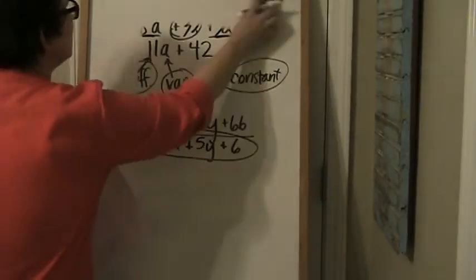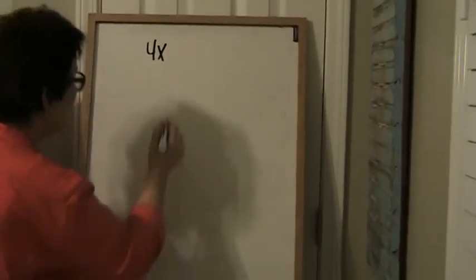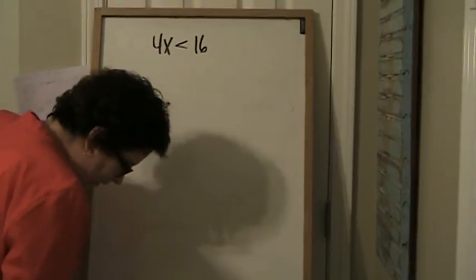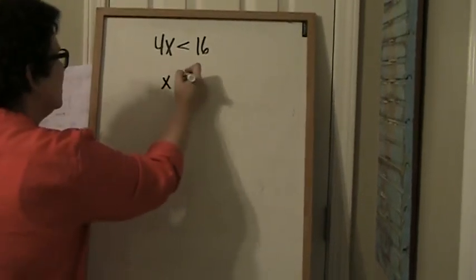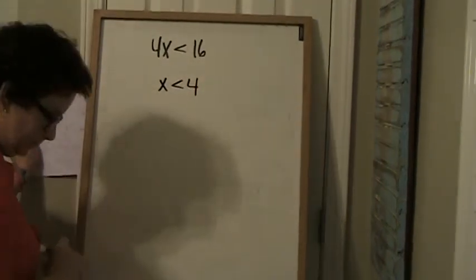All right, last one. We're looking at, can't remember her name. Oh, Jennifer. She solved the inequality 4x is greater than 16. Okay, and then she arrived at the solution x, I'm sorry, that's a less than, is less than 4.